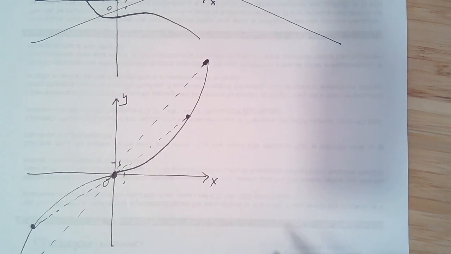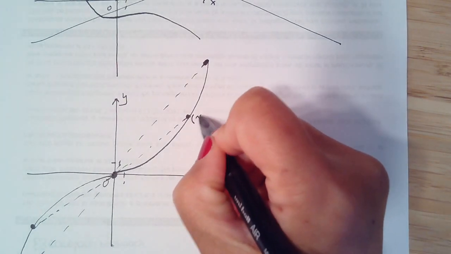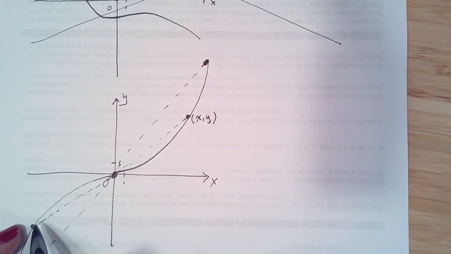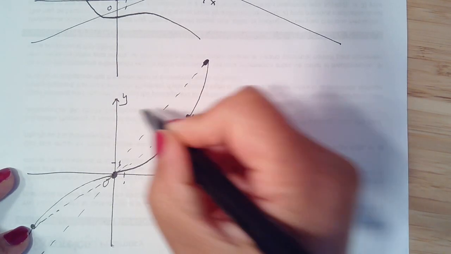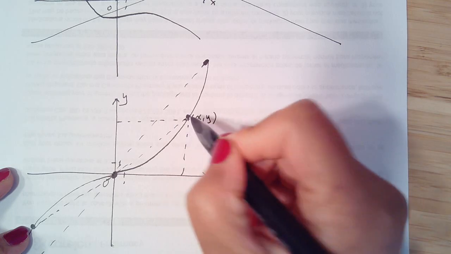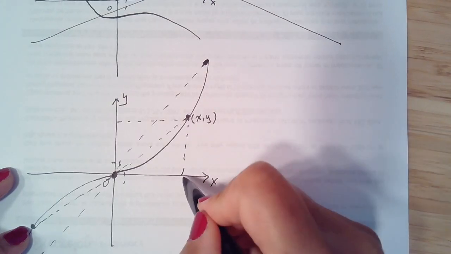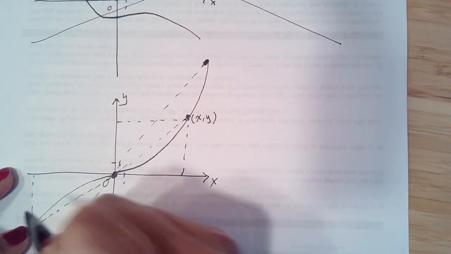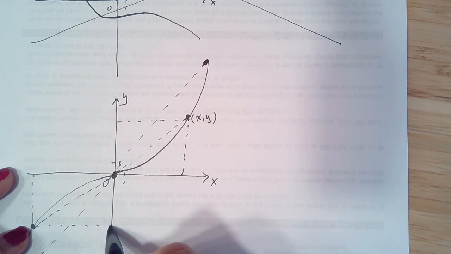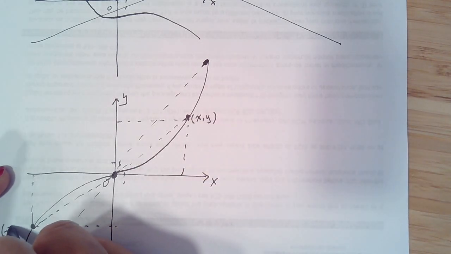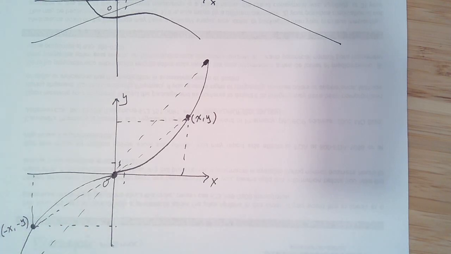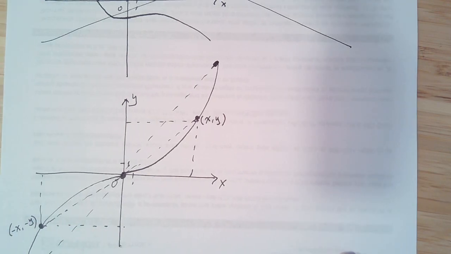All right, now what about this one? See, if this point is x, y, what would be the coordinate of this point? Here's an x and here's a y. I just didn't give you the value, but if you like, you can find the value. So if you get an x, y on the graph, you have a negative x and a negative y on the graph too, isn't it?